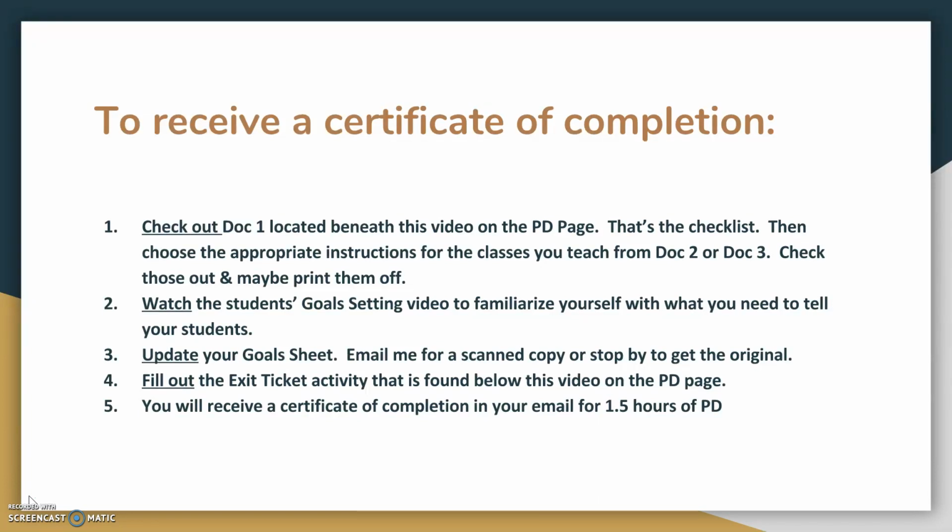You may want to print these off. Remember, the students don't need a copy of the instructions. Secondly, watch the goal setting video on the HSE page to familiarize yourself with what you need to tell your students. Thirdly, update your goal sheet from the beginning of the year.